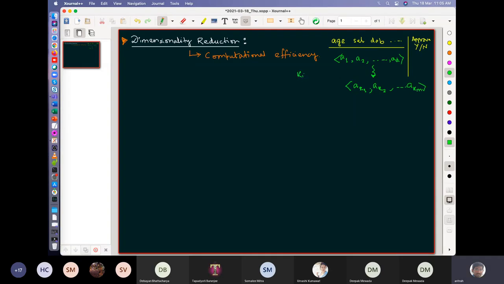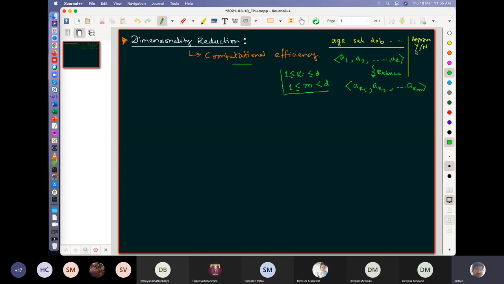Obviously, each of these Ki is less than or equal to D and greater than or equal to 1, and M is less than D because I want to reduce the dimensionality, and M is greater than or equal to 1. This is the formal problem statement we pose: can we reduce the dimension so that I can work out the same problem, classification or clustering, in a smaller dimension, in order to make my algorithm more computationally efficient?